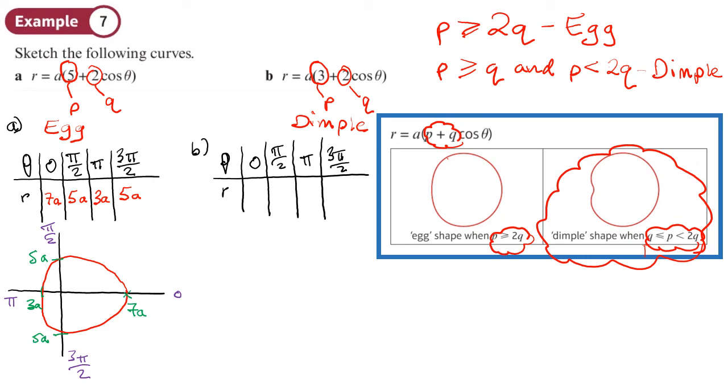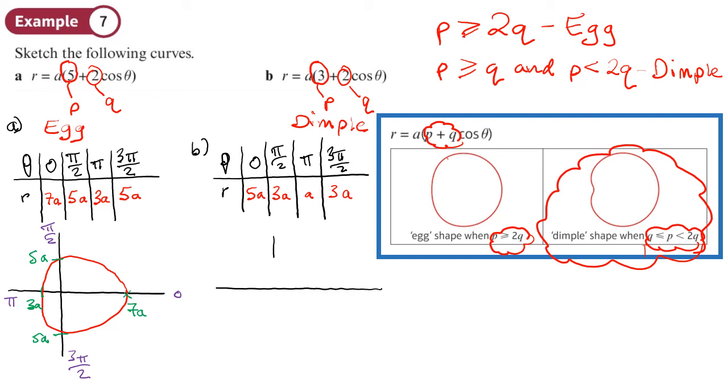And then I can work out those values by substituting them in. And when I work them out, I'll get values of 5a, 3a, a, 3a.